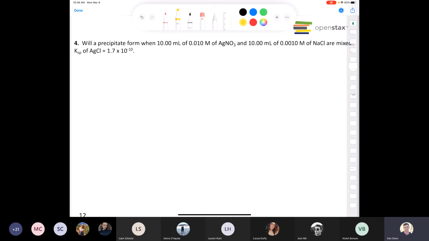Grab my calculator here. It says, will a precipitate form if you mix 10 mL of a 0.0010 molar silver nitrate solution and 10 mL of a 0.0010 molar sodium chloride solution? Okay, you basically take these two homogeneous mixtures, you mix them up. Do you get a precipitate?